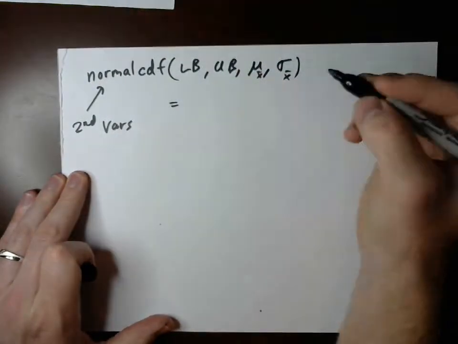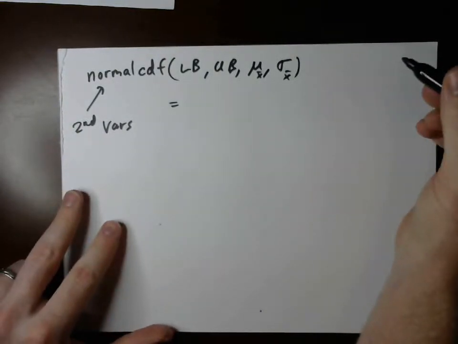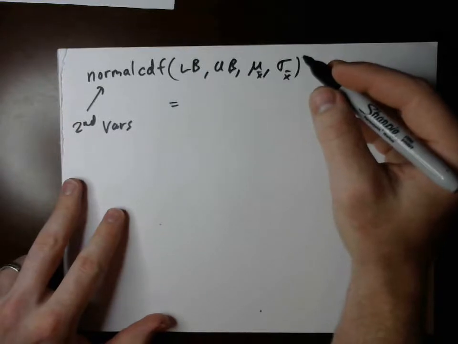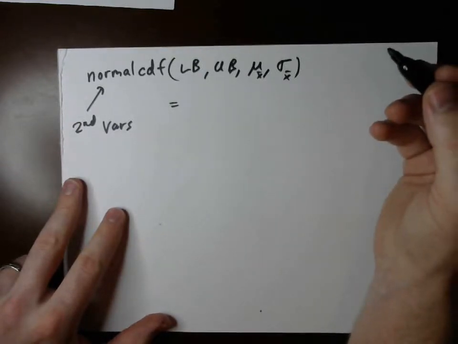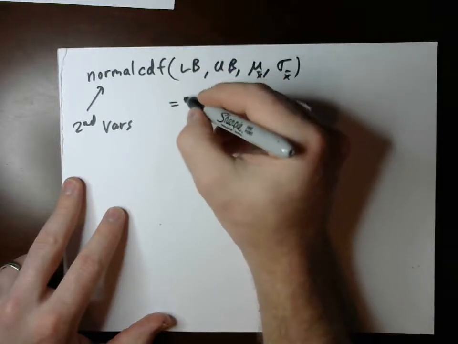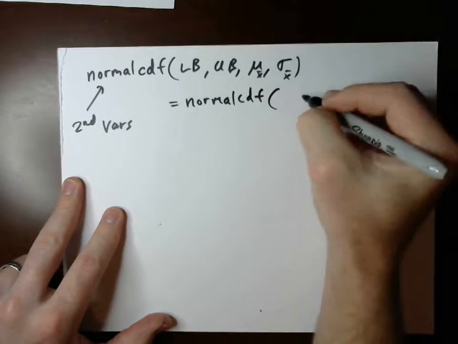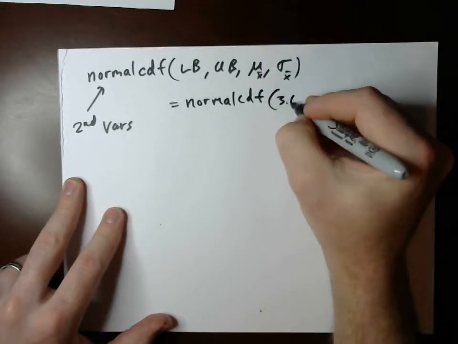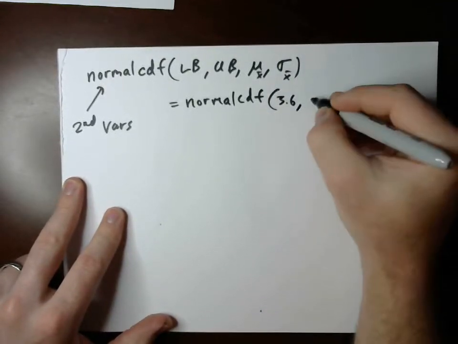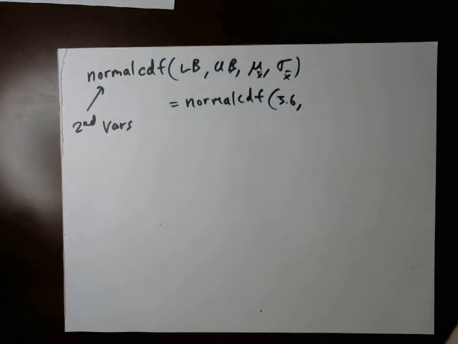So in this case, let's just check our work with part C from the last example. We want to find the probability that x bar is greater than or equal to 3.6. That would be normal CDF with lower bound 3.6, and the upper bound, since it's greater than or equal to 3.6, you can keep going up forever.